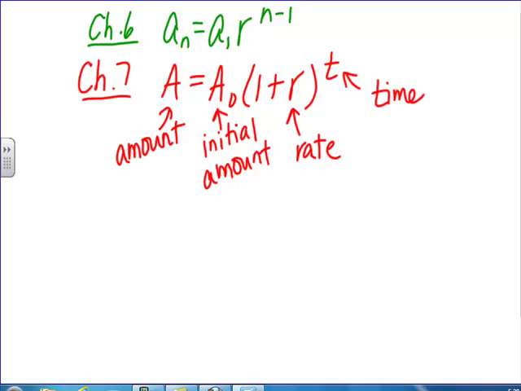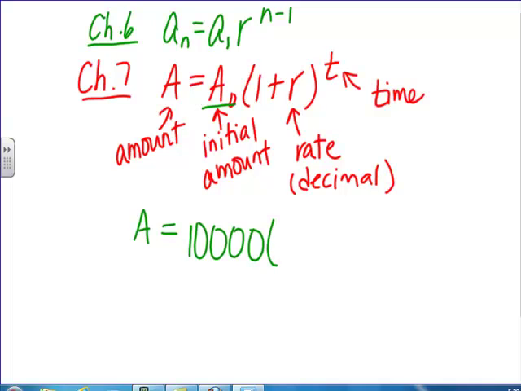In some ways, this equation helps you a little more because it forces you to do this subtraction. Now, one thing about the rate: when you put it into the equation, it has to be put in as a decimal. So for this particular situation, if we want to know the amount, the a naught, the initial amount, was that 10,000.